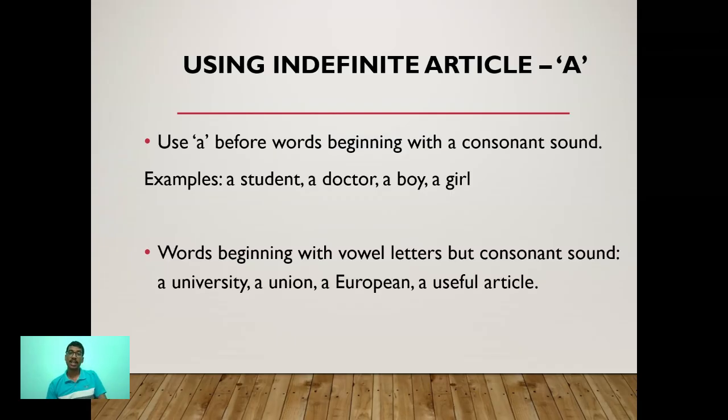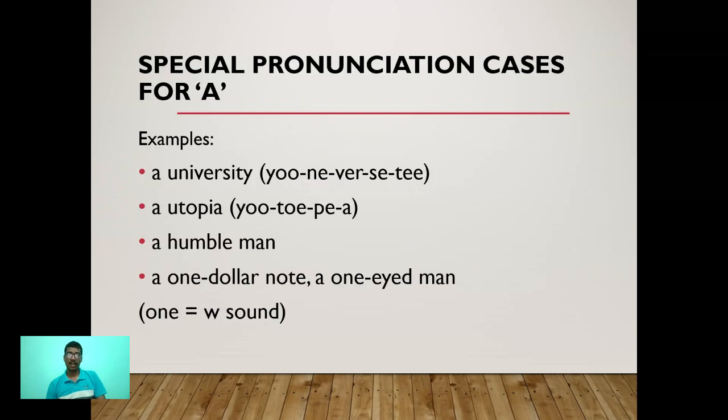See the next example that we have: words beginning with vowel letters but having consonant sounds. For example, a university, a utopia, a humble man, a $1 note. Though all these words start with vowel letters, they have the consonant sound. Please be aware that university starts with the Y sound.